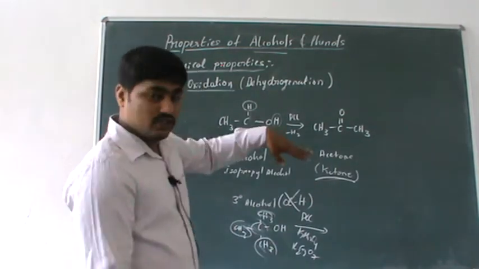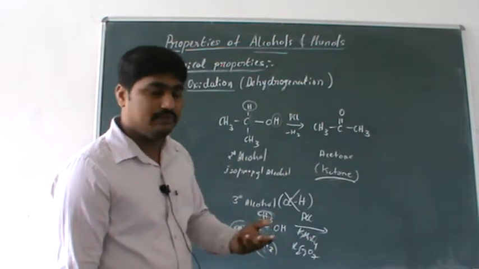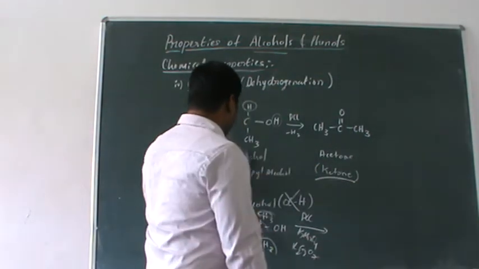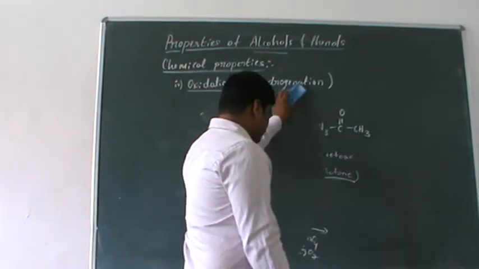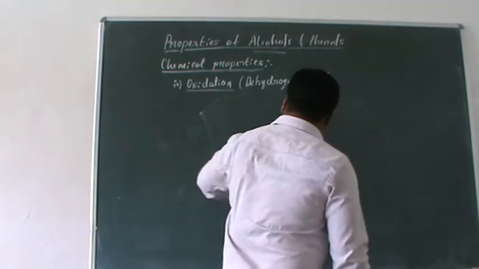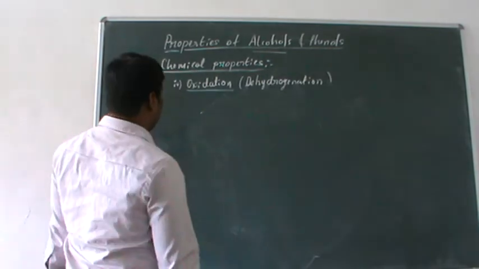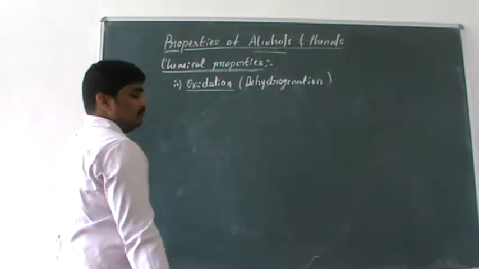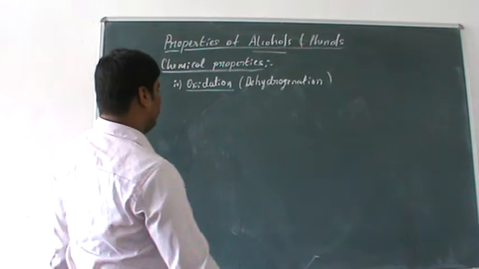To produce carboxylic acid from alcohol, we need a strong oxidizing agent. So this is about oxidation. Another oxidizing agent, copper, is also used, copper at around 573 Kelvin.